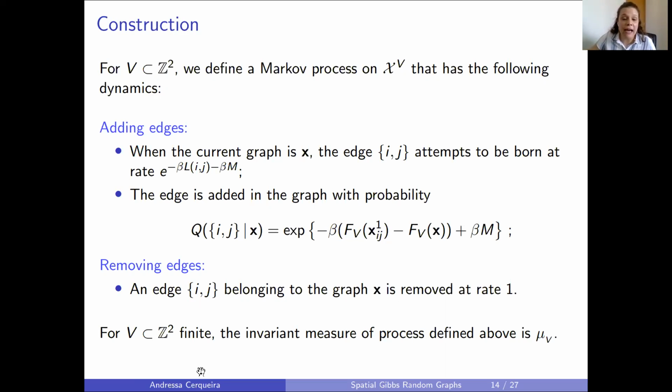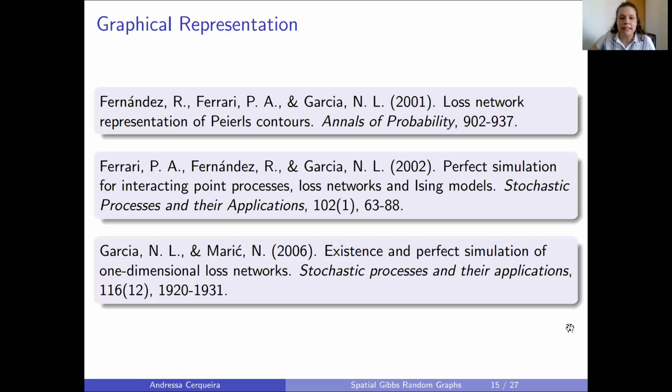So when V is finite, by this construction, the invariant measure of this process is just the measure that we are interested in studying, μ_V. The technique that I'm going to present is how to construct this measure in finite volume, when V is finite, and also when we have an infinite number of vertices, using a graphical representation of this process.